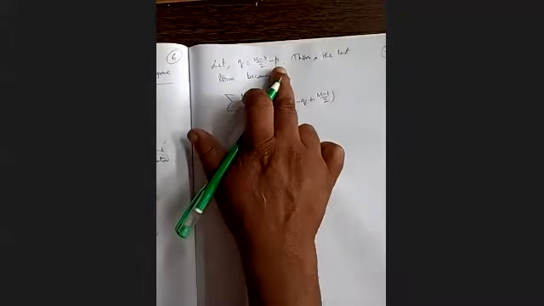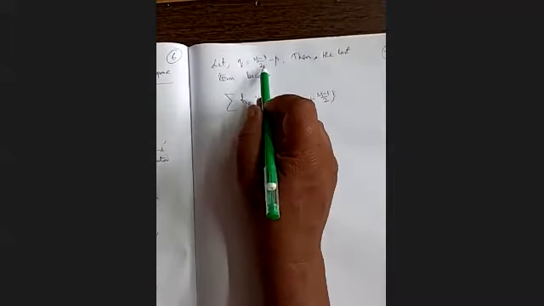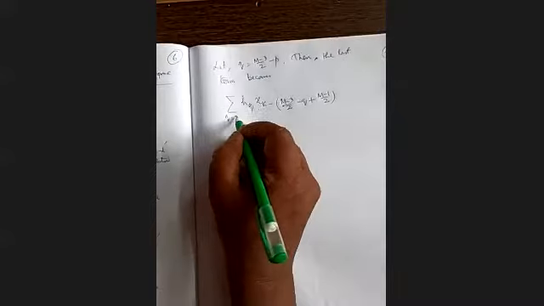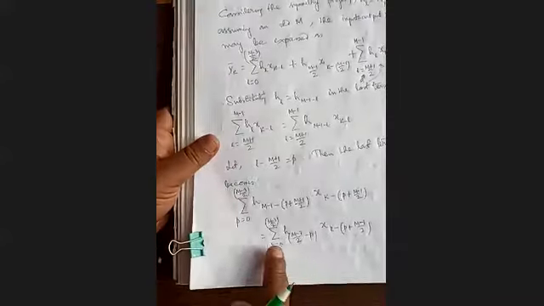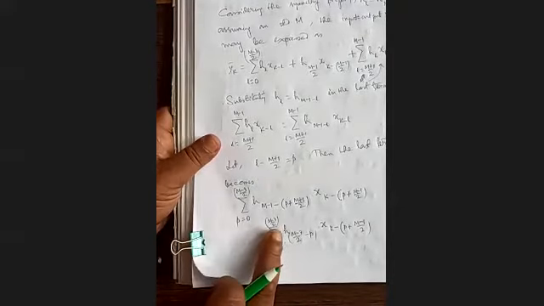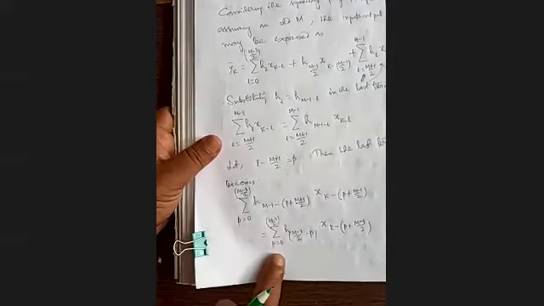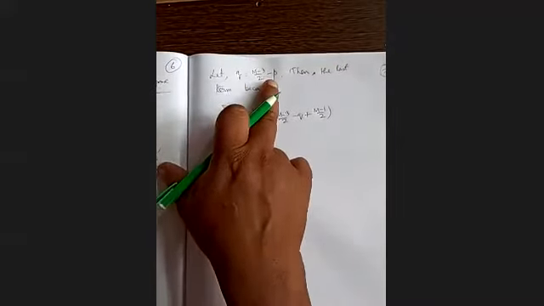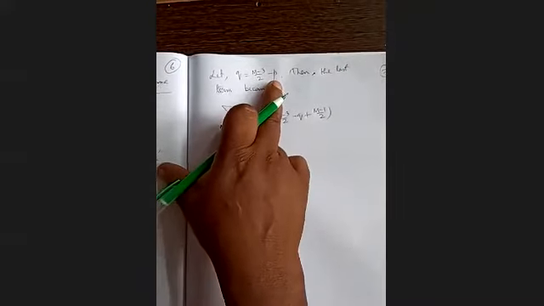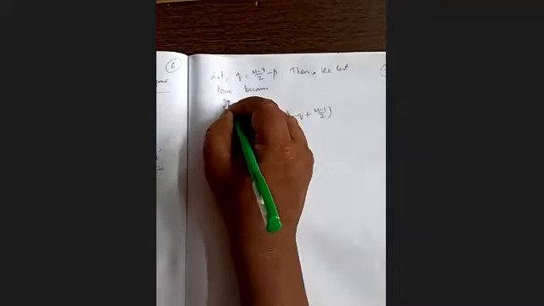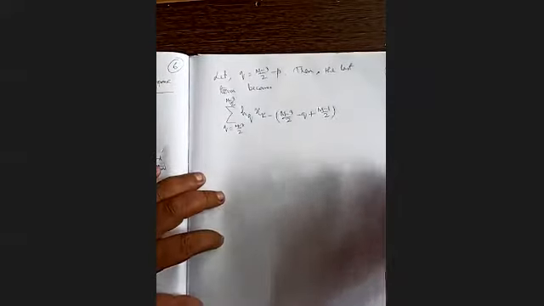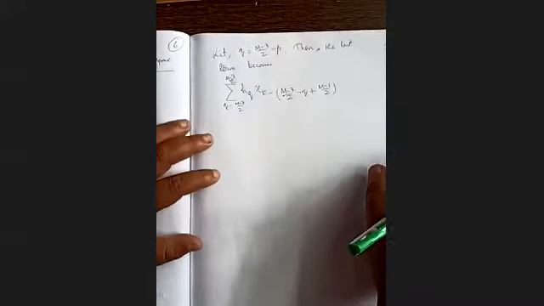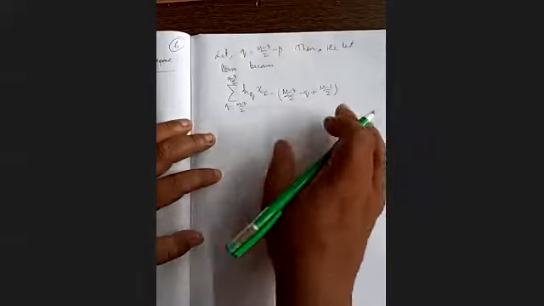When P equal to 0, Q is M minus 3 by 2. And when P equal to M minus 3 by 2, Q will be 0. Clear?